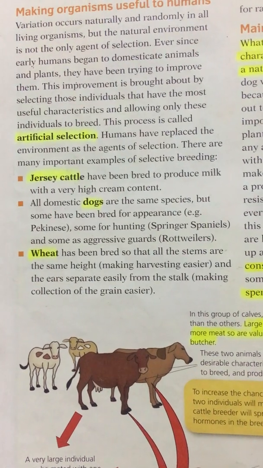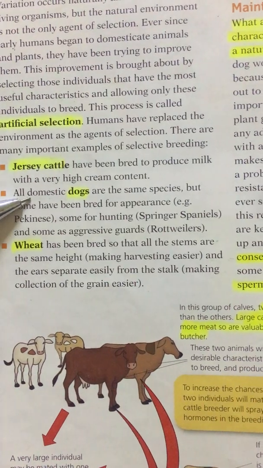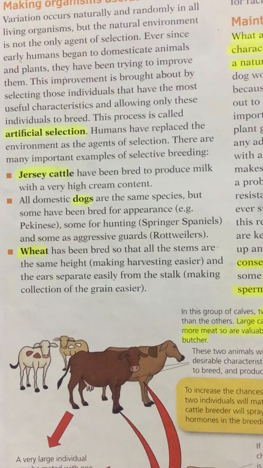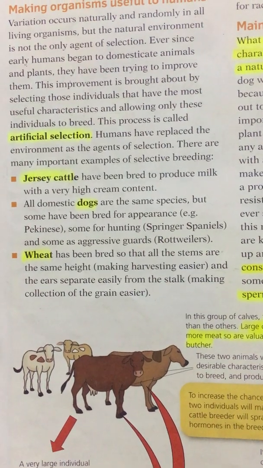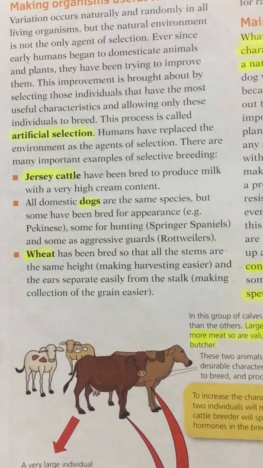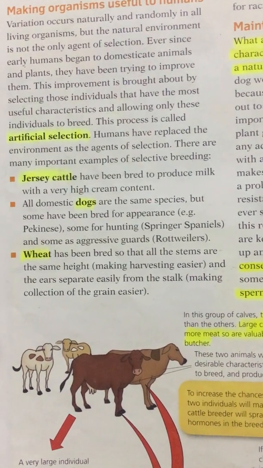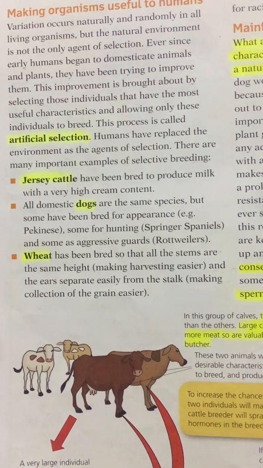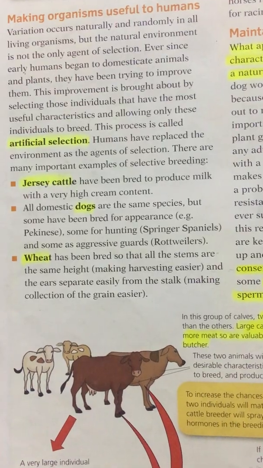The second example is domestic dogs. All domestic dogs are the same species, but we have different uses for them. Some have been bred for appearance, some for hunting, some for aggressive guards. So the same species for different uses.